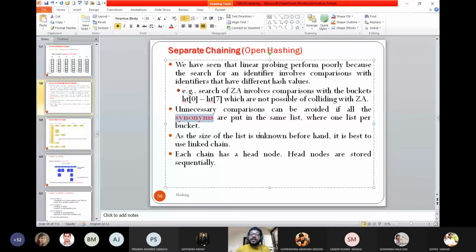It is best to use a linked list, or we can call it a linked chain, where the actual information goes. Each chain has a head node, and the head node is stored sequentially. The head node carries the information to indicate that these four members A4, A3, A1, A2, A are synonymous. This is a simple example.